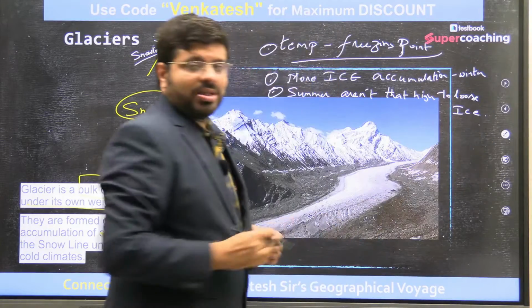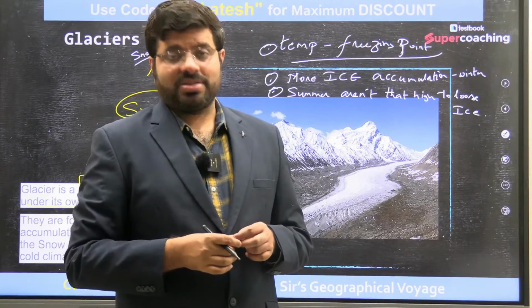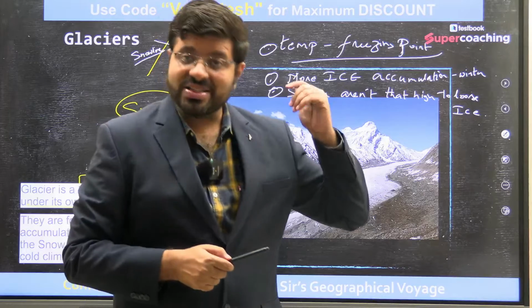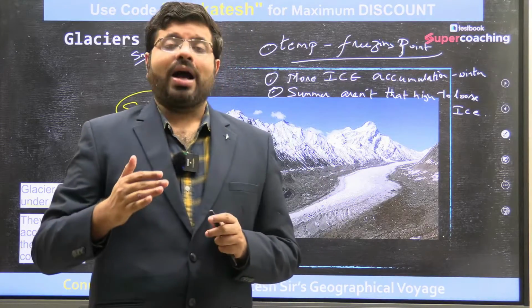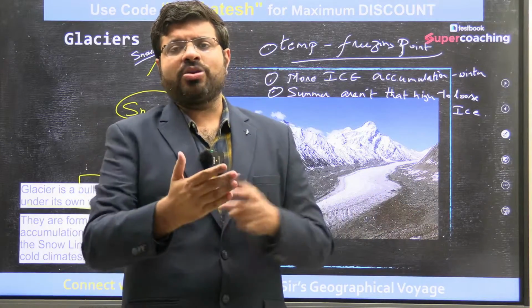We all know that summer temperatures would increase. Sometimes summer temperatures in the upper portions can be above 0 degrees Celsius, where melting of ice can happen. But for a glacier to survive, it is about input and output.